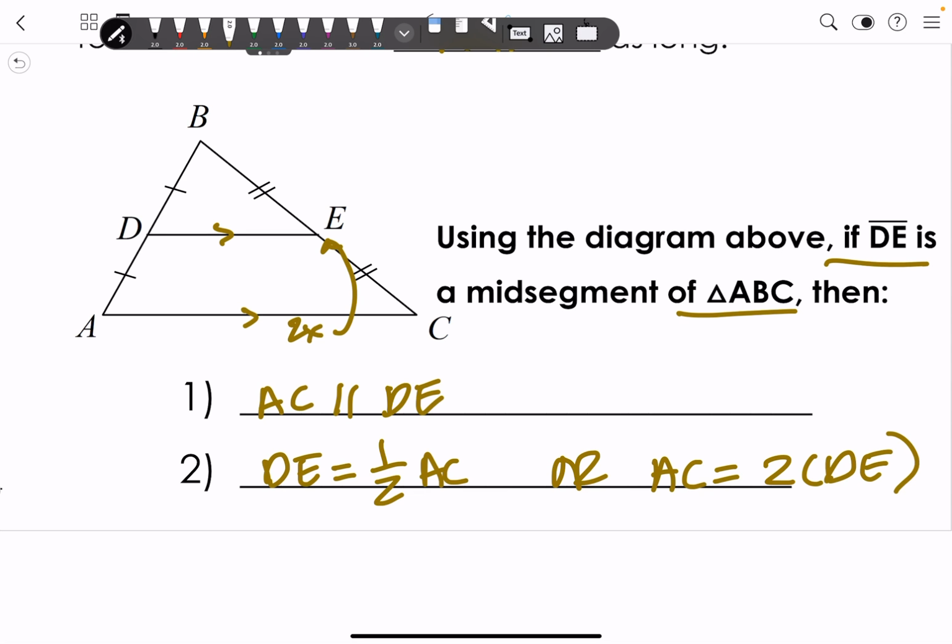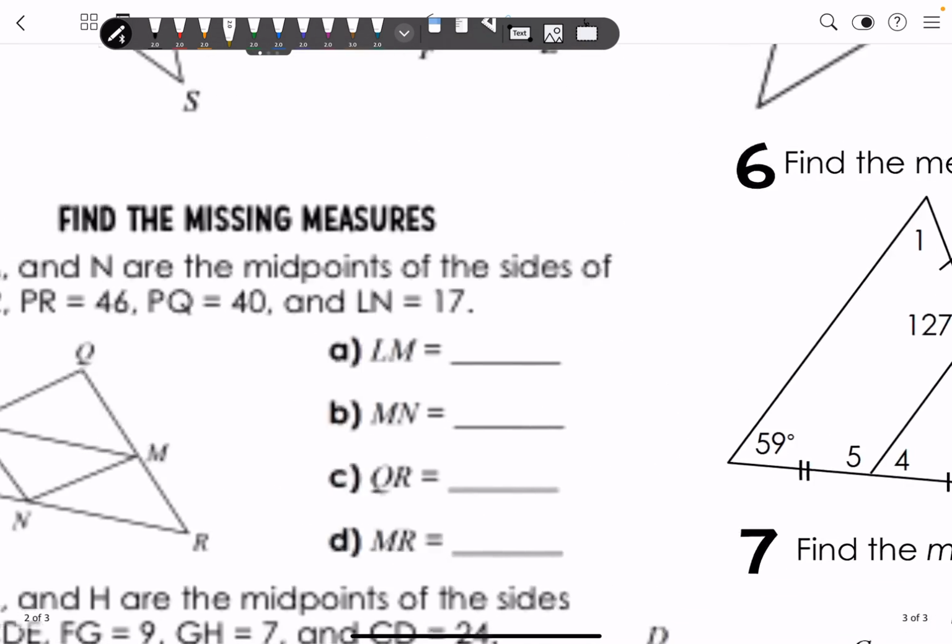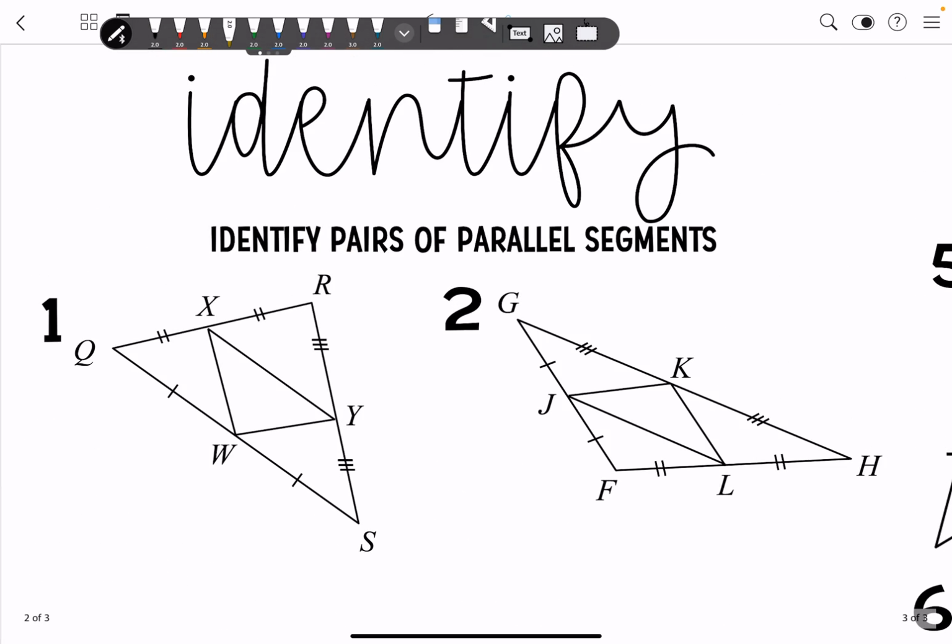So let's identify some of these things first, and then we'll go ahead and solve all these things. First off, we have to identify pairs of parallel segments. You'll notice that W, X, and Y are midpoints. WX is a midsegment, and it's going to be parallel to SR. I'm going to switch colors so that it can help you see better.